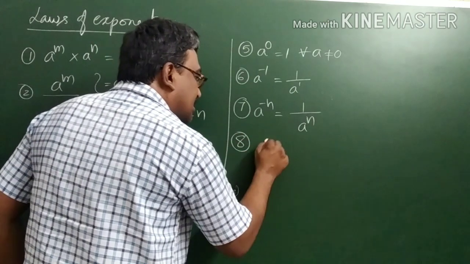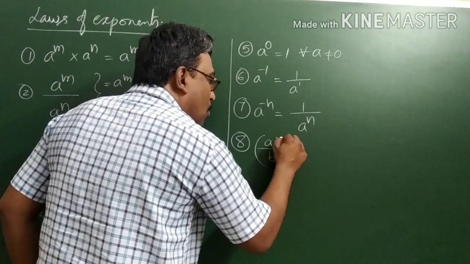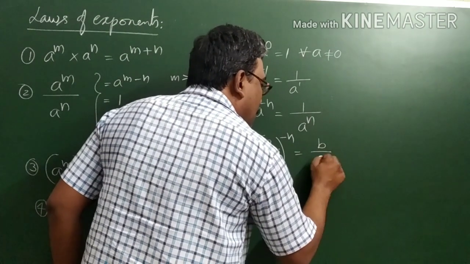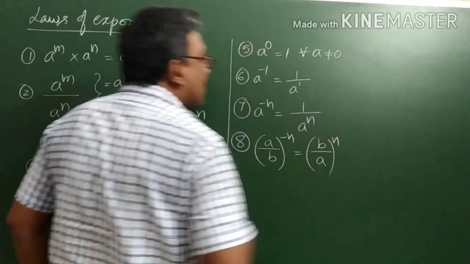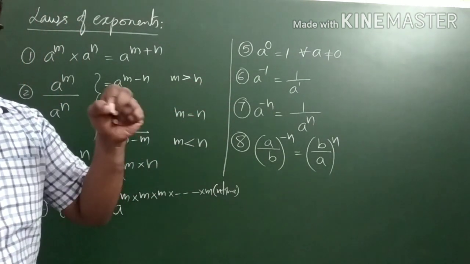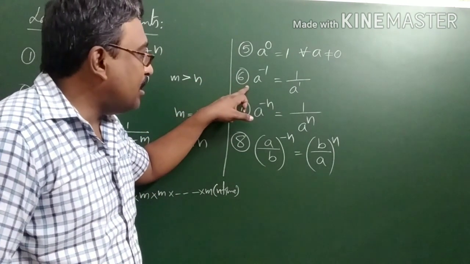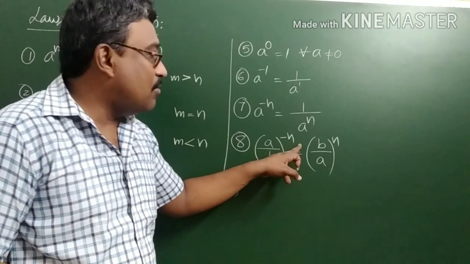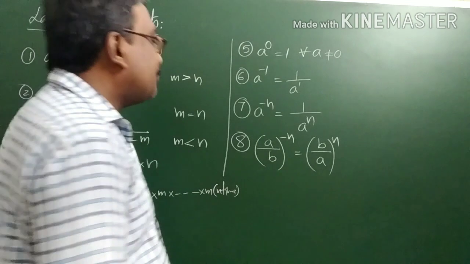Suppose if it is a fraction, a by b whole to the power of minus n, then it is b by a whole to the power of n. So these three are negative exponent formulae: a power minus 1, a power minus n, and a by b whole to the power of minus n.